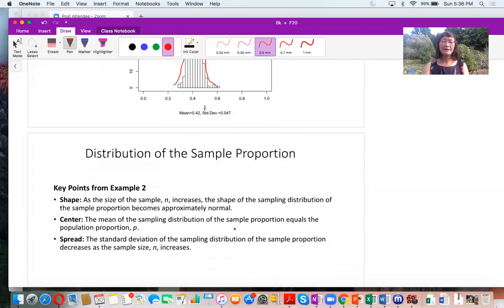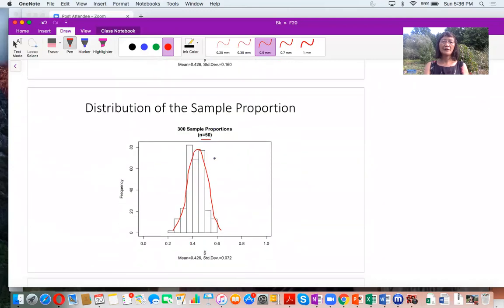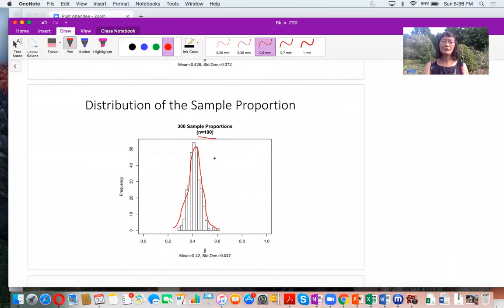So the key point from that example, the shape: as you increase the sample size, the shape of the sampling distribution of the sample proportion becomes approximately normal.